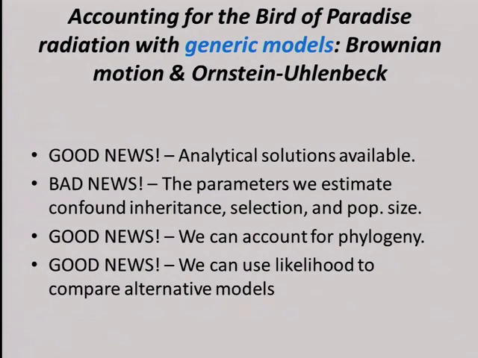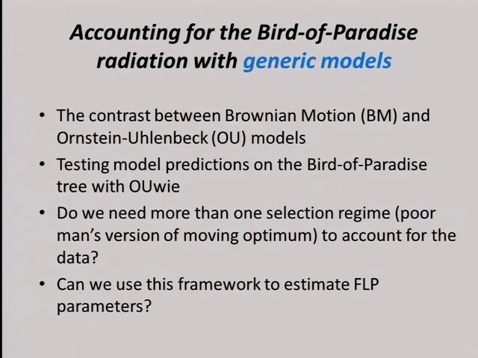But the parameters we estimate aren't relatable to this model. They confound inheritance, selection, and population size. But we do account for the phylogeny, and we can use likelihood to compare the alternative models. The other good news is that with a little bit of algebra, we can disentangle some of this confounding. So we can actually use them to estimate the models that we just had in this Fisher-Lande process.